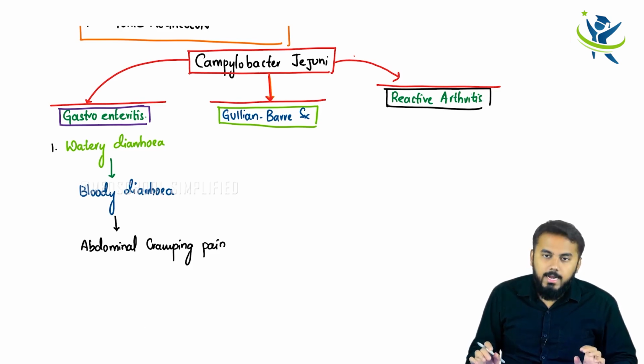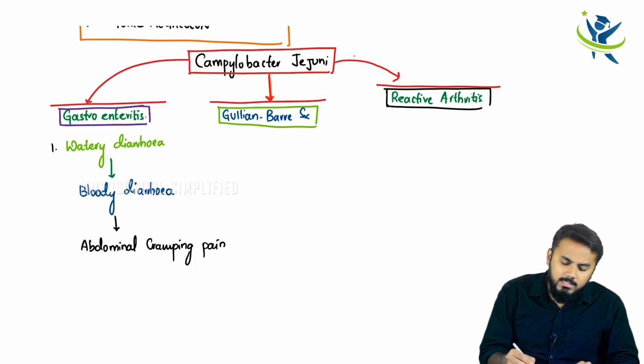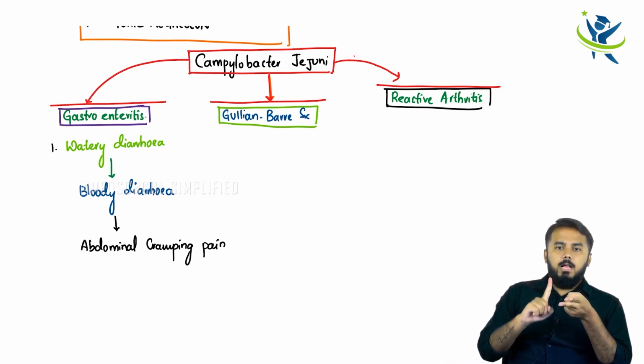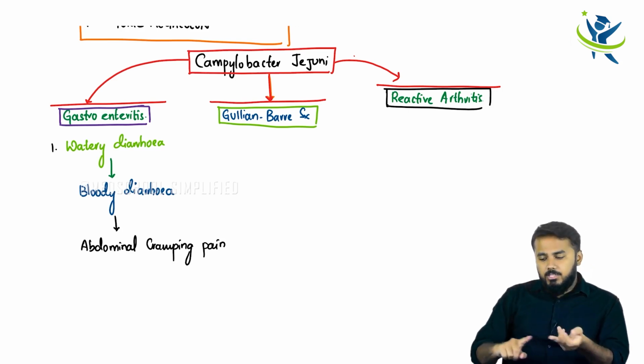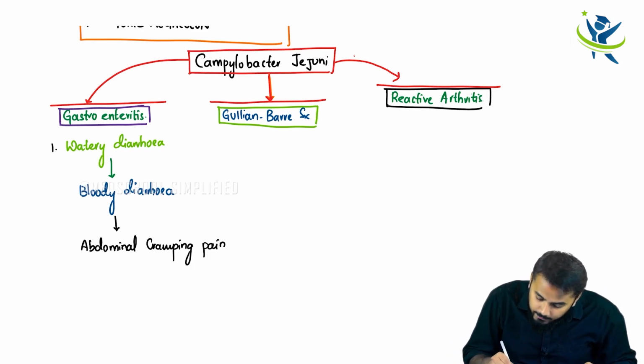Right guys, so what is reactive arthritis? Keep one thing in mind: the patient can't see, can't pee, and can't bend. Can't see: problem with the eyes, the patient might have uveitis.